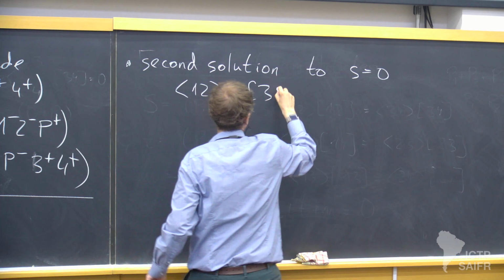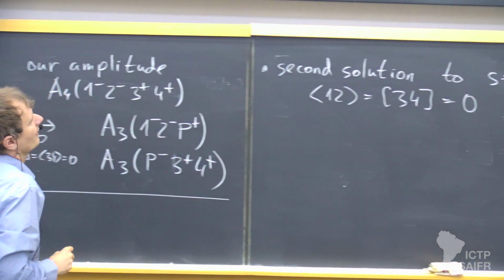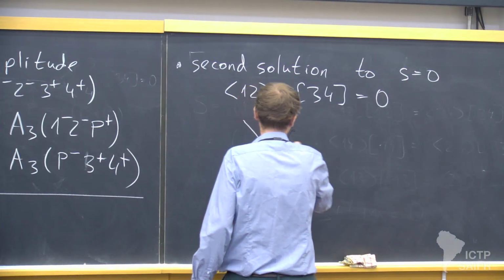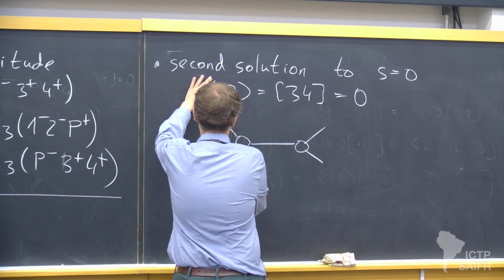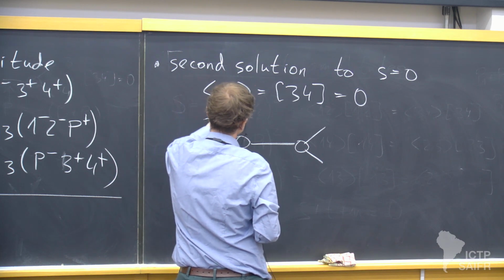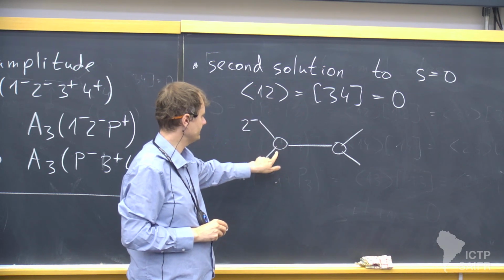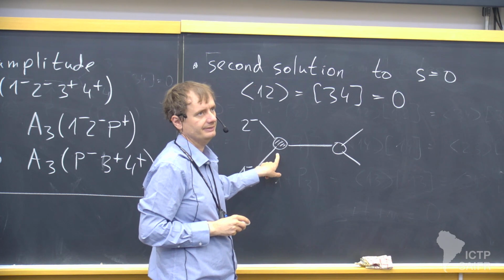So that's what I started to write there. Sorry, I made a small detour before. Okay, so what can we learn here? So things must again factorize. Now, there is 1 minus, 2 minus here. And this is the angle bracket being sent to 0. So the amplitude which must sit here is the black vertex, right?